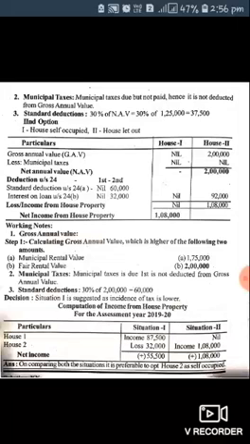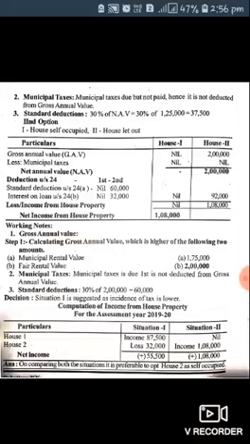So here is the decision. Situation 1 is suggested as the incidence of tax is lower, because the income is lower in the first situation. So computation of income from house property for the assessment year 2019-20: house 1 income is 87,000, loss from house 2 is 32,000.